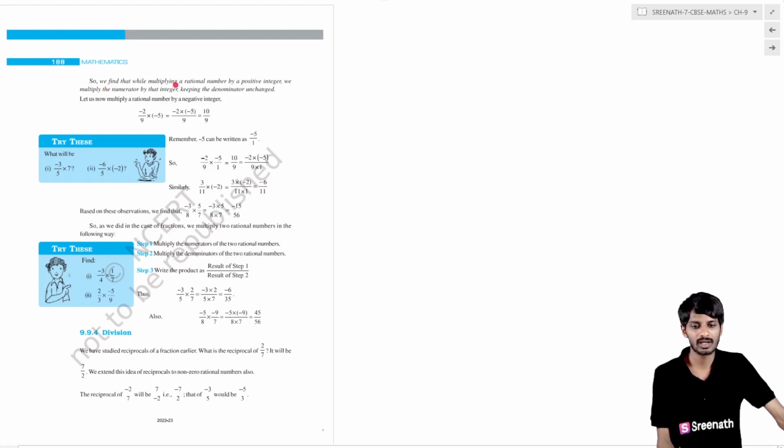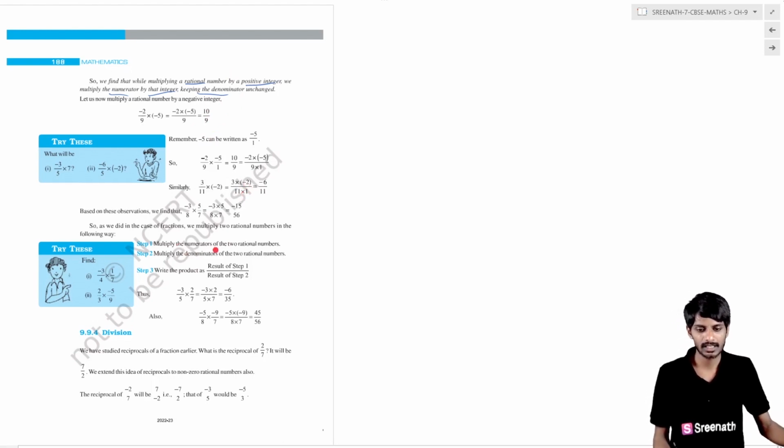So we find that while multiplying a rational number by a positive integer, we multiply the numerator by that integer, keeping the denominator unchanged. We don't change the denominator. That's it, students. In this way you can multiply a rational number with an integer.